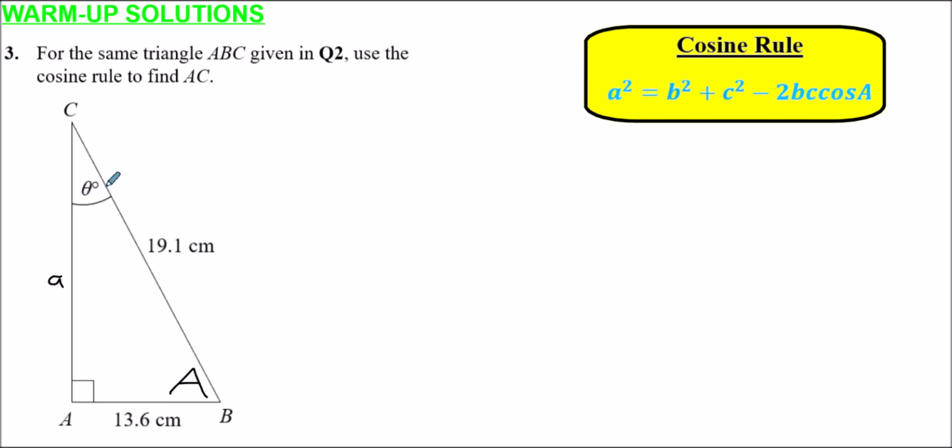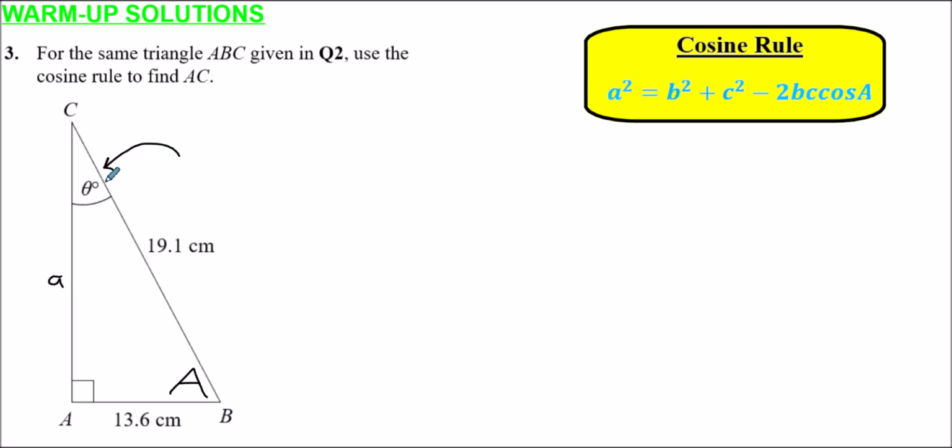So if I just say here that we knew theta from before, where we worked out theta from question 2, and just remind you what theta actually was. So from question 2, theta was 45.4 to 3 significant figures. However, that wasn't exact.